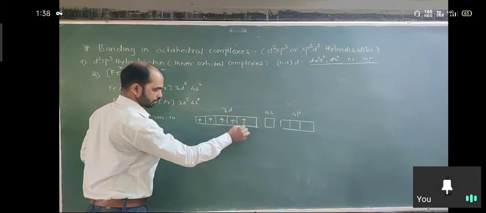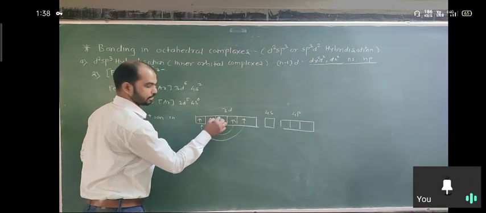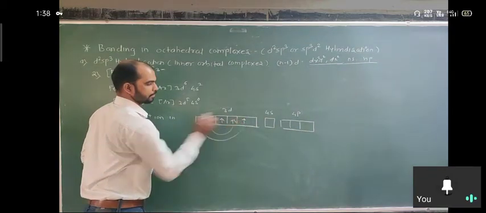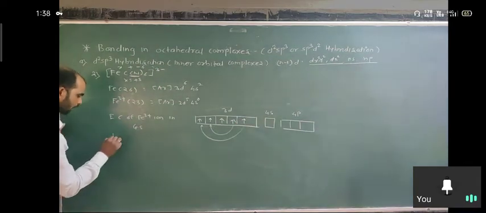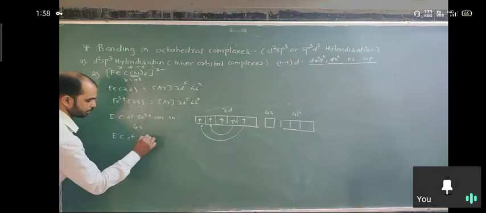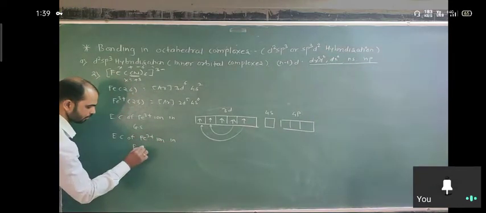This electron comes here, this electron comes here, and it is a single electron, so there is no need of pairing. So 2 orbitals become empty, so d2sp3 is possible. Here is the electronic configuration of the Fe3+ ion in the excited state.